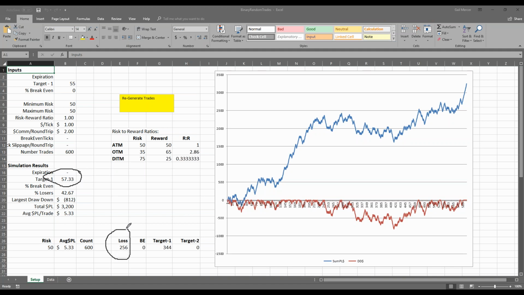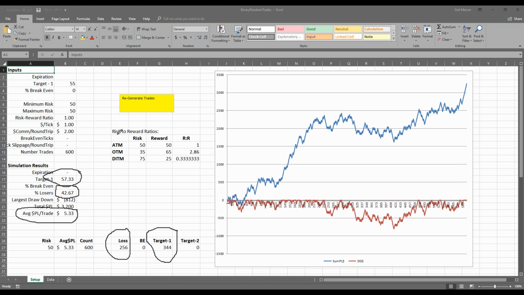You have 256 losses, 344 that expire in the money. Your losing percentage is 42.67, and your average profit or loss per trade is now $5.33. Does everybody see that?